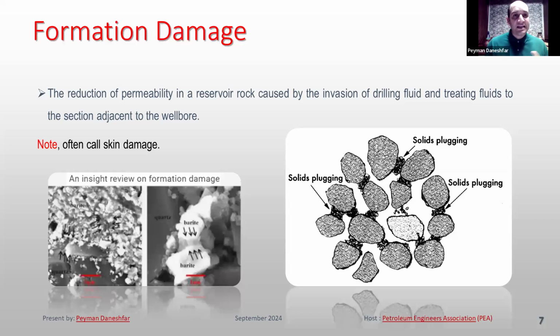Sometimes we call that skin damage. You can see in the photos the skin damage in a sandstone. In sandstone formations, some elements plug the sand, and we should find the best way to cure this well. We should stimulate this well.